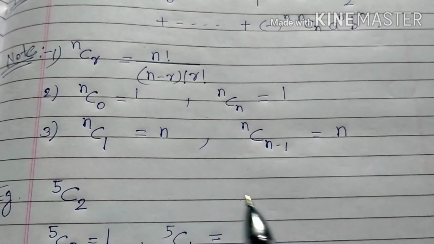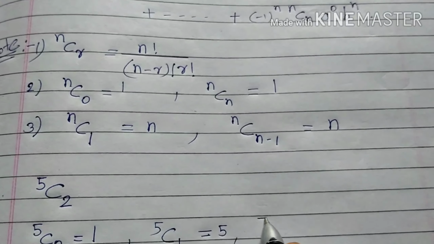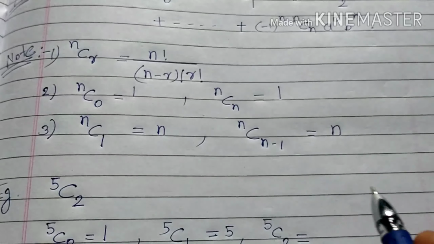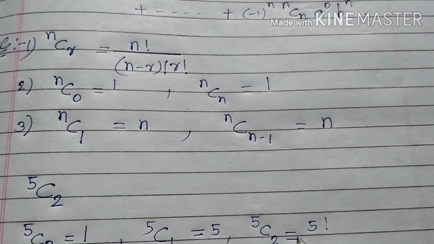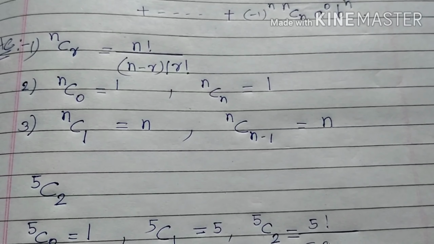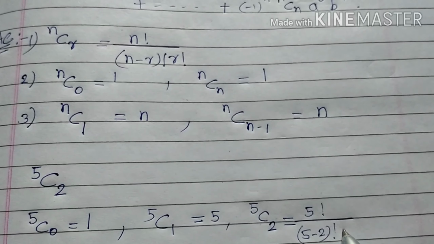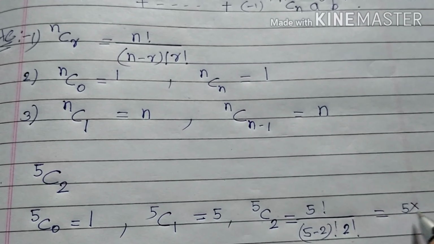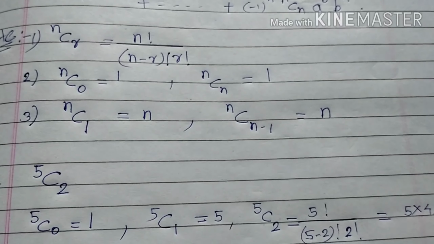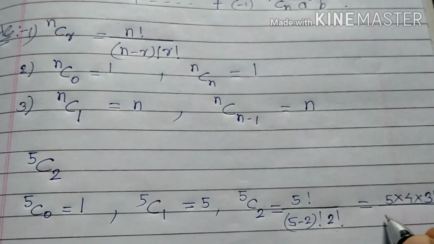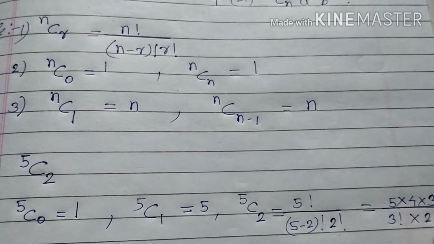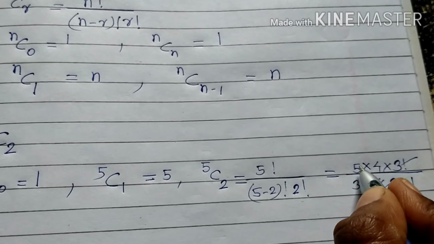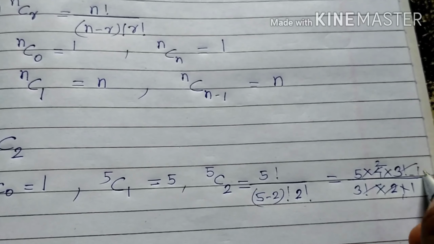You can observe which is equal to 5, and 5C2. So use here the formula first, which is 5 factorial upon 5 minus 2 factorial into 2 factorial. So it is 5 into 4 into 3 factorial, and it is 3 factorial into 2 factorial. So 3 factorial cancel, and 2 into 1, so it is 10.